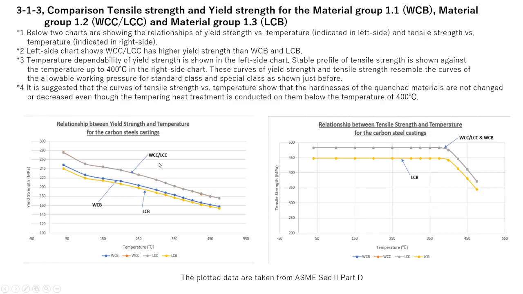The temperature dependence of yield strength is shown in the left side chart. A stable profile of tensile strength is shown against the temperature up to 400, a constant and stable value. Over 400 degrees Celsius, increasing temperature rapidly decreases the strength of all four materials.